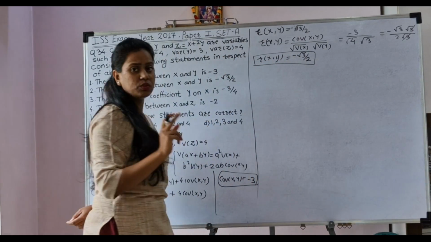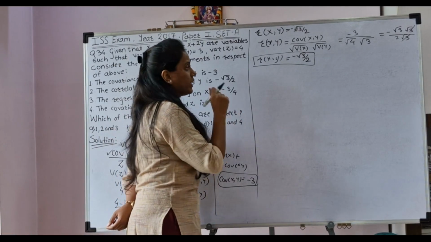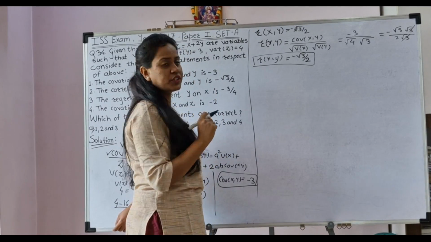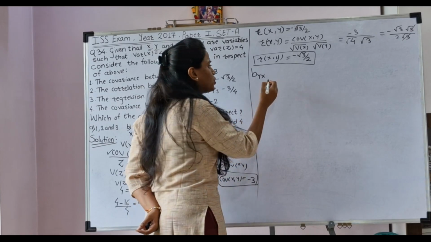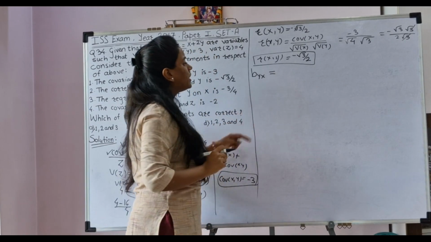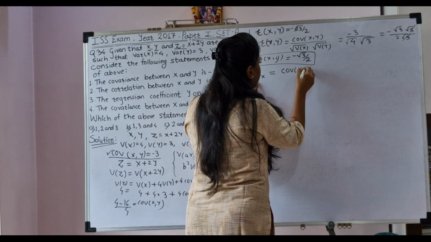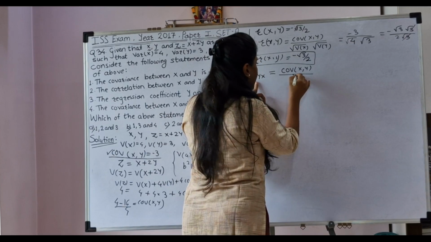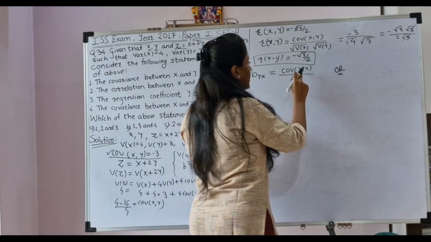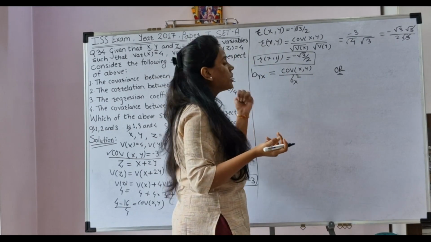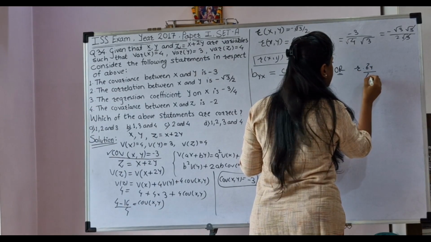Now the third statement: the regression coefficient y on x. First of all, how do we denote the regression coefficient? It is denoted as byx. And there are two ways we can calculate byx. The formula is covariance of xy upon sigma x square. This is the first formula. Or we can express covariance in terms of correlation, so it will be r into sigma y by sigma x.